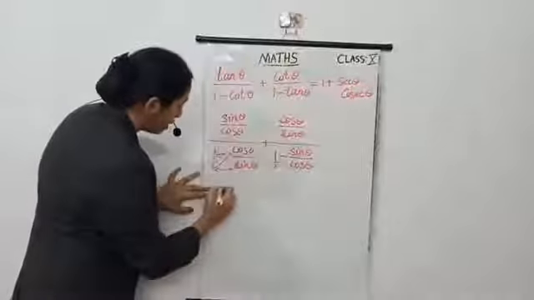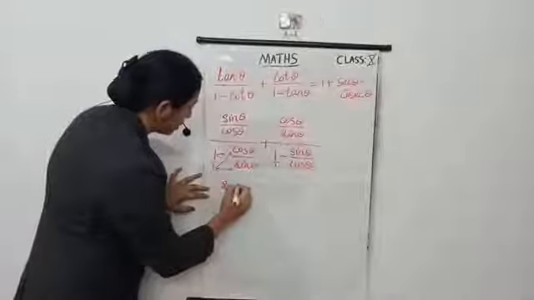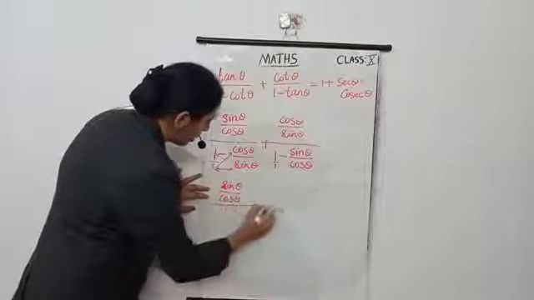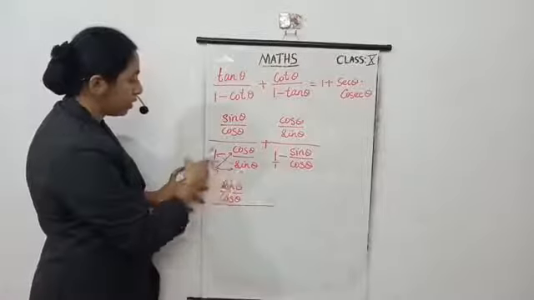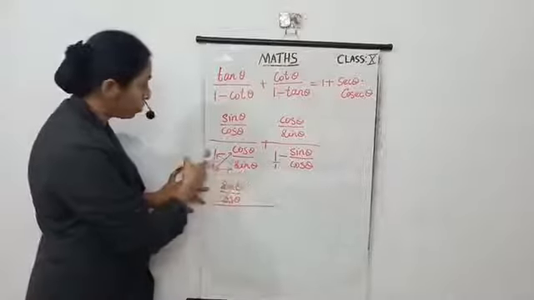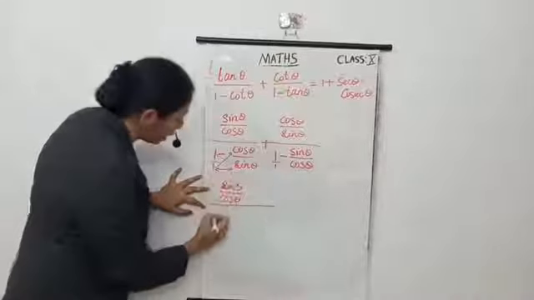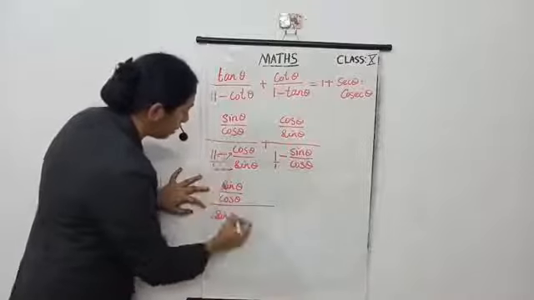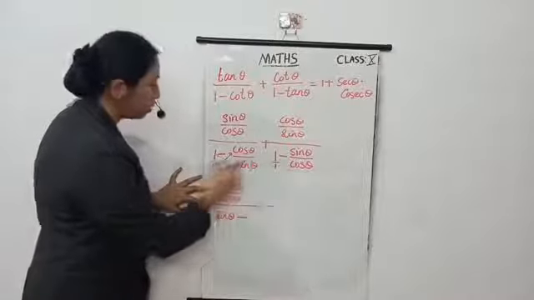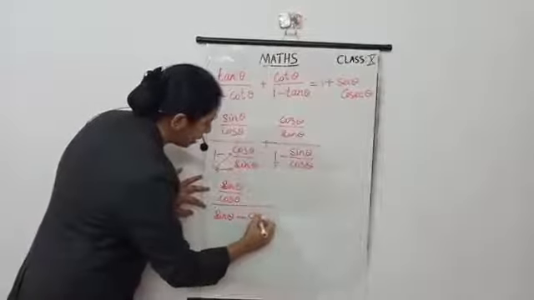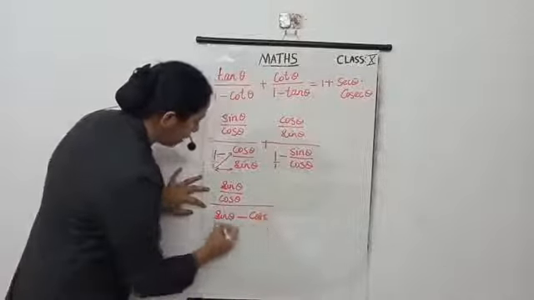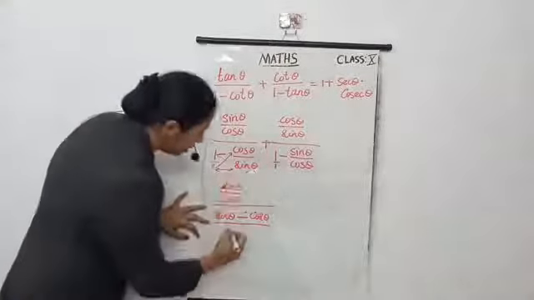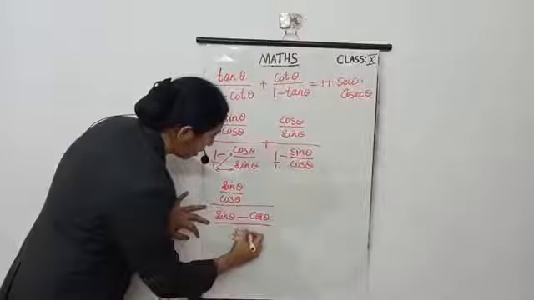So first write this numerator same, sin theta by cos theta, all divided by this denominator into this numerator. So 1 into sin theta is sin theta itself, then put the minus sign, then 1 into cos theta is cos theta itself. So sin theta minus cos theta by 1 into sin theta is again sin theta itself.